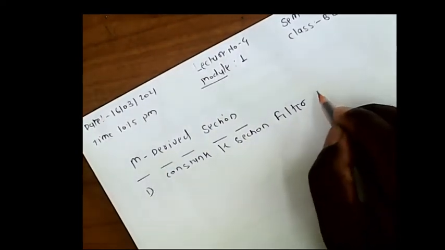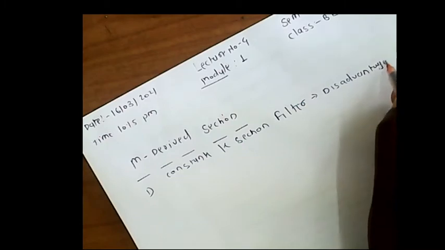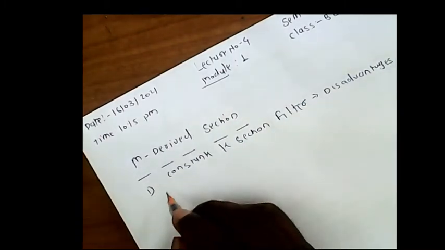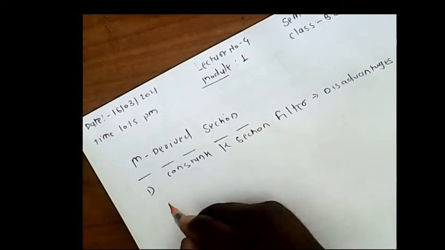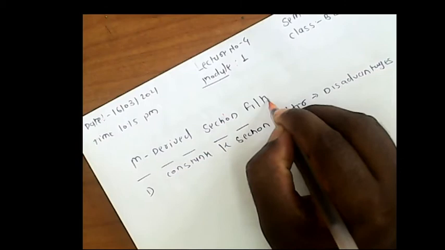They suffer from two drawbacks or two disadvantages. So to overcome these two disadvantages, we use the M derived filter sections basically.